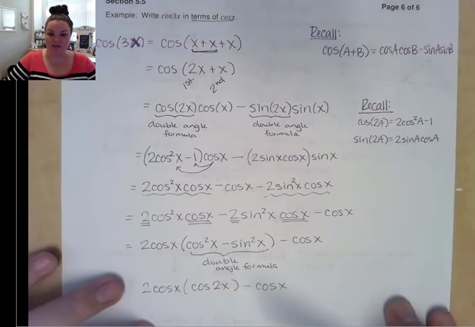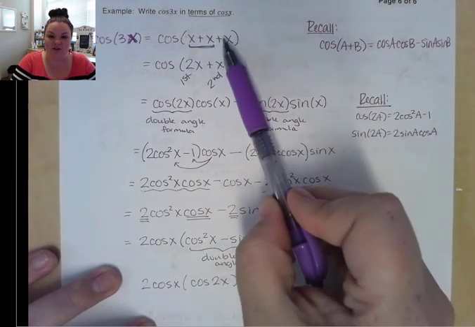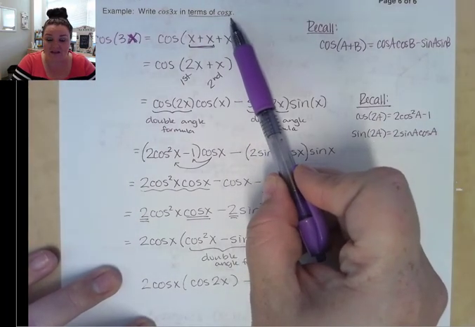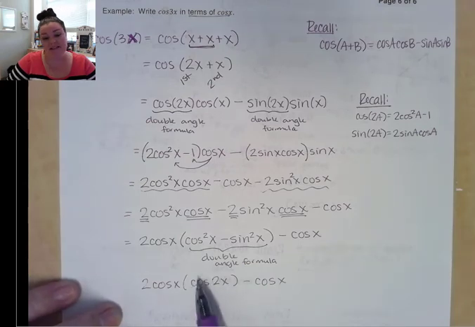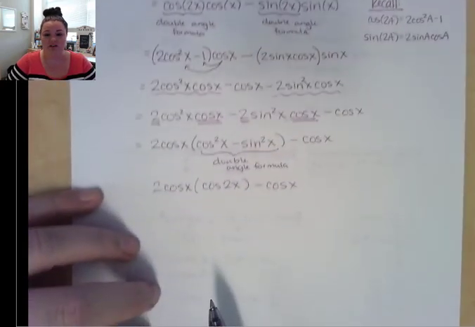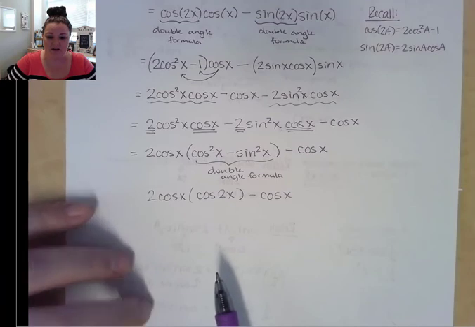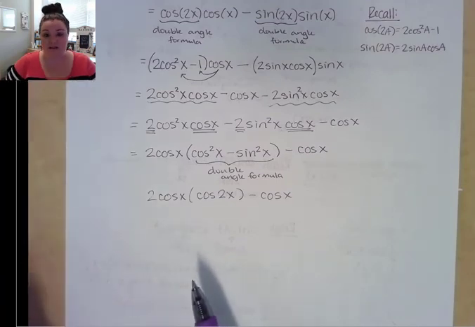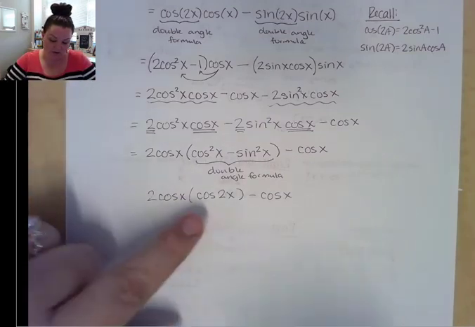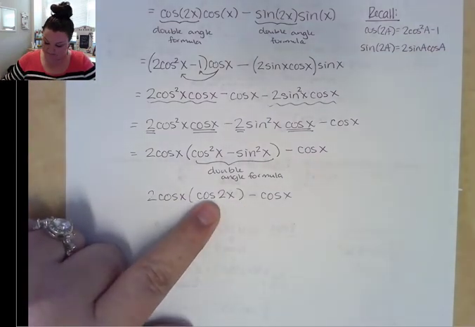So if I look back up at my instructions, it wants everything in terms of cosine x, right? So I need to rewrite this where it does have a cosine here, but I want it with cosine of just x, not cosine of 2x. So I'm going to look for my double angles again.